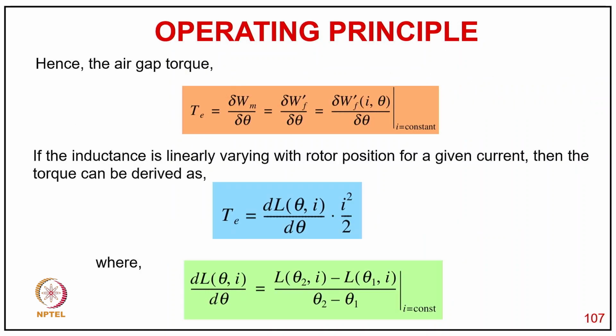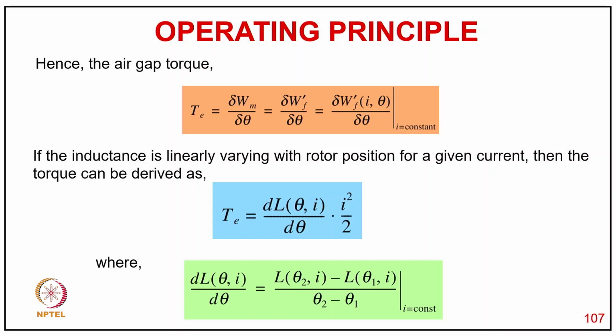Hence the air gap torque is T equal to delta Wm upon delta theta, or delta Wf dash upon delta theta, equal to delta Wf dash as a function of i and theta divided by delta theta at i equal to constant.